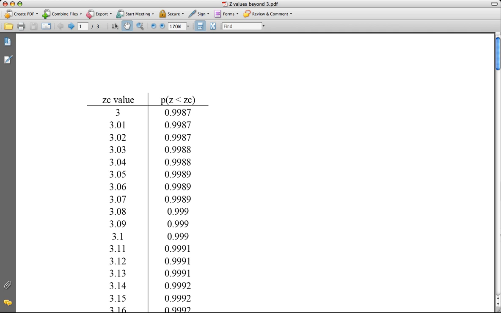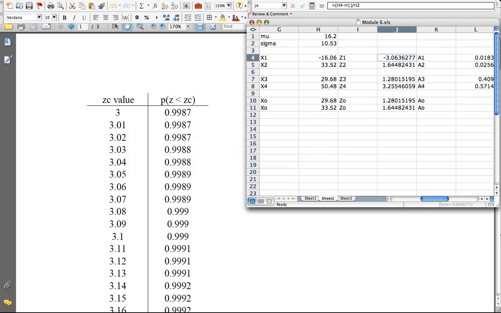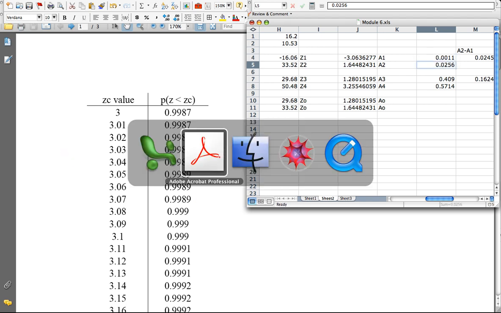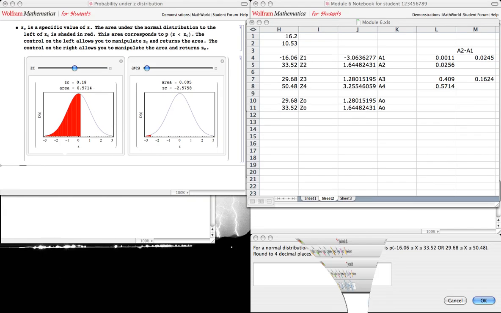So 1 minus 0.9989 is equal to 0.0011. Okay, and I'm just going to leave this table for a bit.